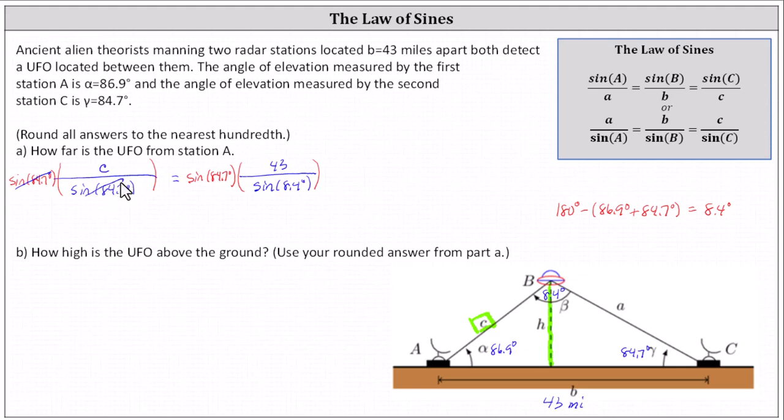Simplifying, we have C equals, let's write the right side as 43 times the sine of 84.7 degrees divided by the sine of 8.4 degrees. And now we'll go to the calculator, and we are told to round to the hundredths place value, or 2 decimal places.